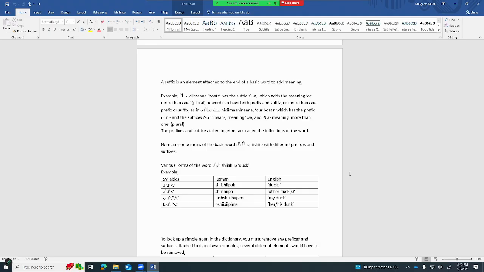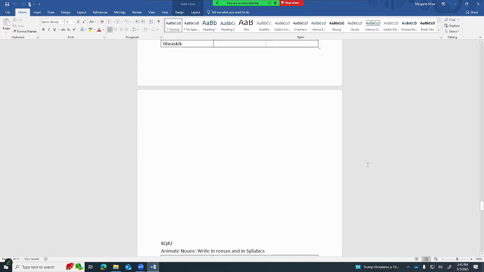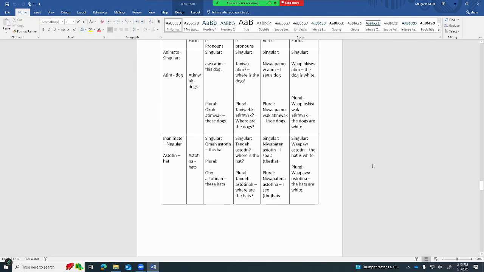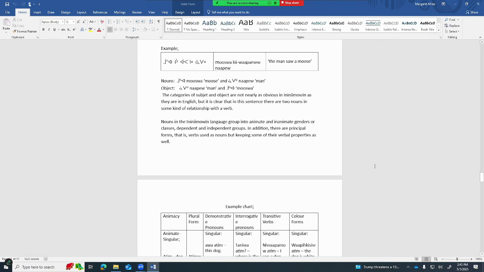So we'll go back to the example. Singular or plural. Nouns function as the subjects and objects of verbs. Moswa kiwa meo na beo.